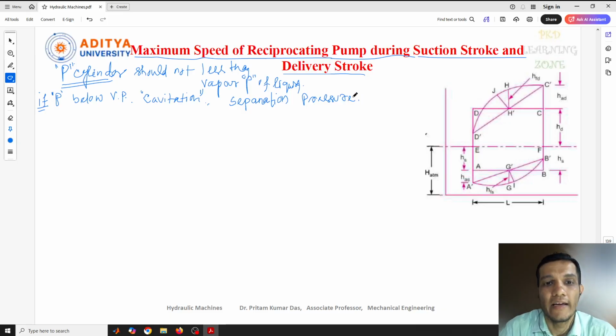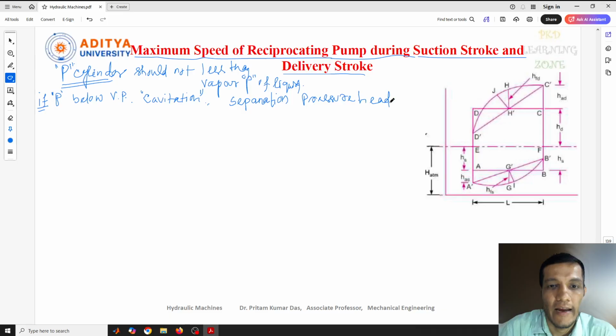And the head which corresponds to the separation pressure is called separation pressure head. The head which is related to this separation, at which point the separation started, at what location, what is the distance from this point.